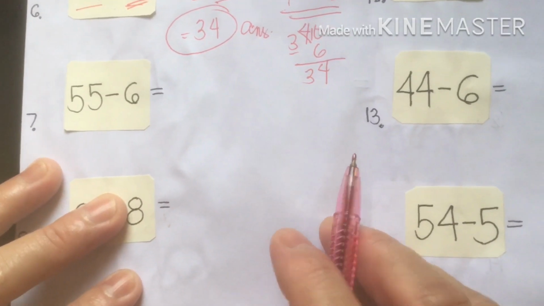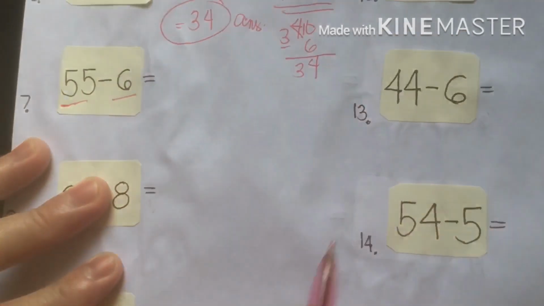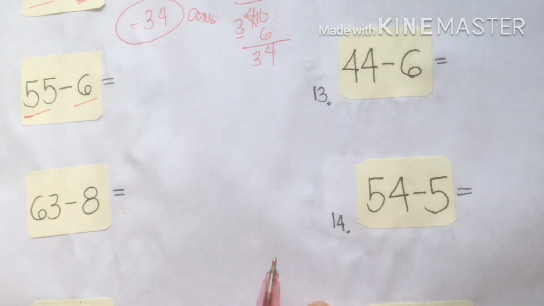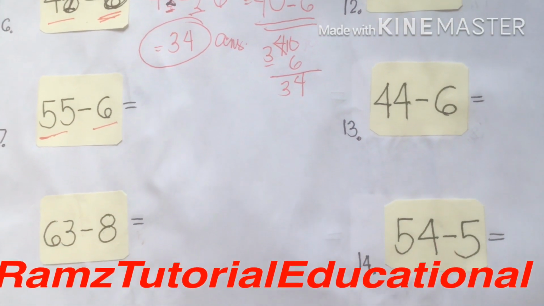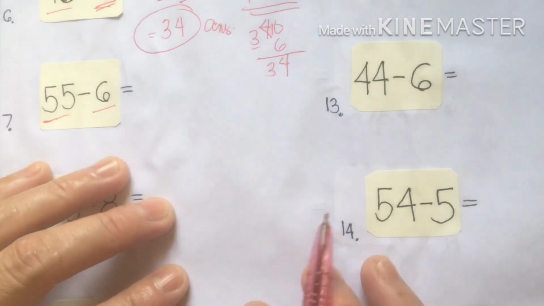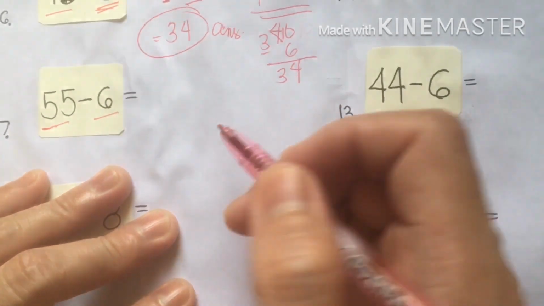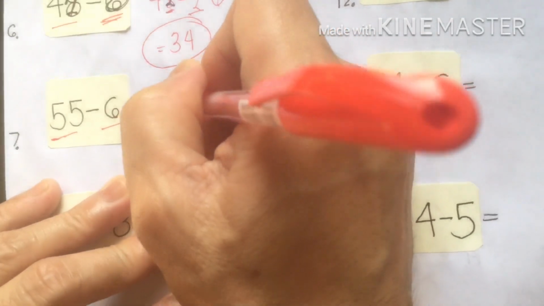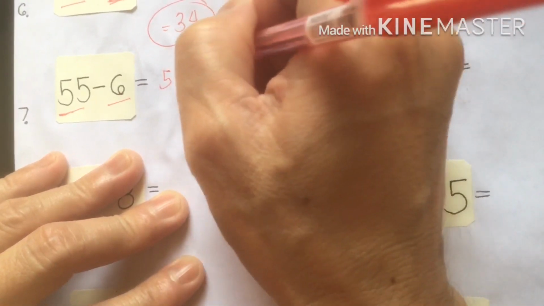55 minus 6. Actually the given equation is correct, not like number 6, which was quite confusing. That's why, guys, I need to change the following numbers, because number 6 was an incorrect equation. That's a common mistake. 55 minus 6, we're going to write 55 minus 6, so we're going to break 6 also.